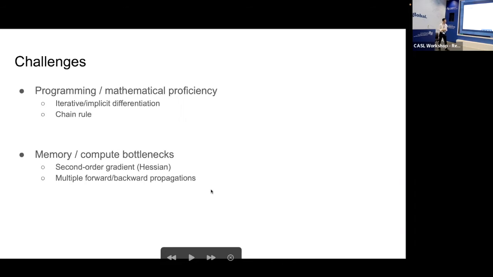Another issue is that these methods usually calculate second-order gradients like Hessian information, or require multiple forward and backward propagations. That means you're using way more compute and memory than traditional training. So we also have to deal with these memory and compute bottlenecks even after understanding all the programming and mathematical details of those algorithms. But no one wants to do this.